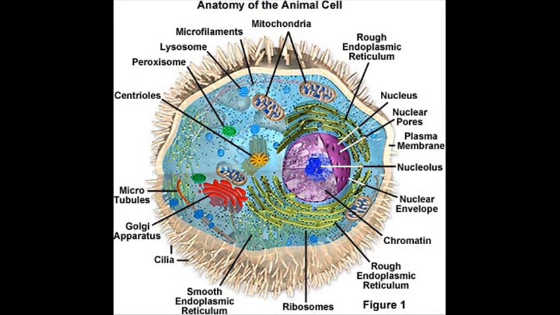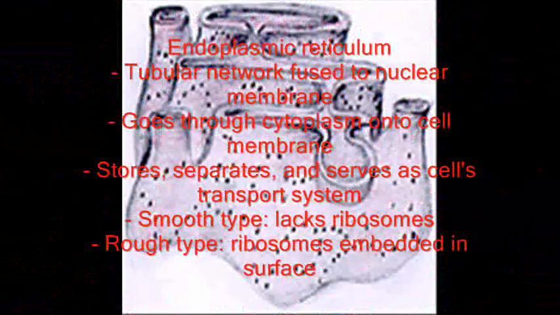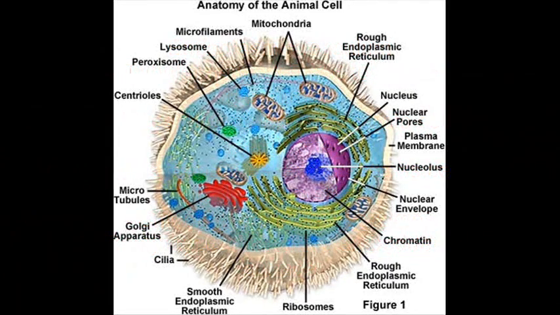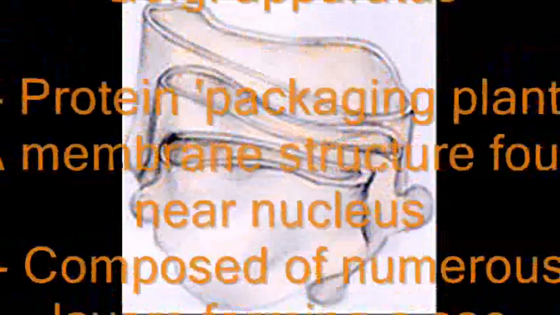Now we'll be going to the endoplasmic reticulum. And what happened? This is the endoplasmic reticulum. Here, see? Now, let's go to the Golgi complex.